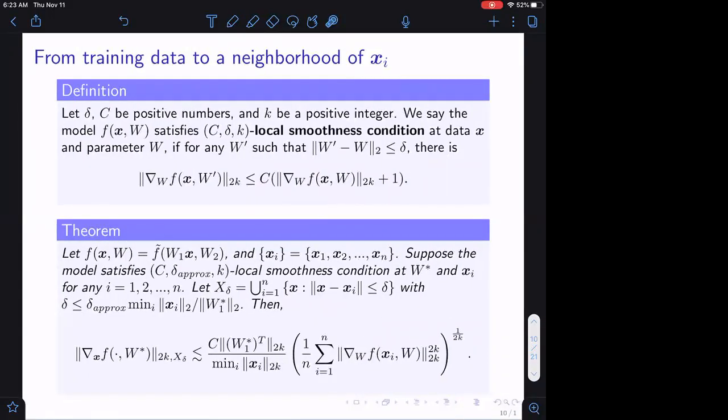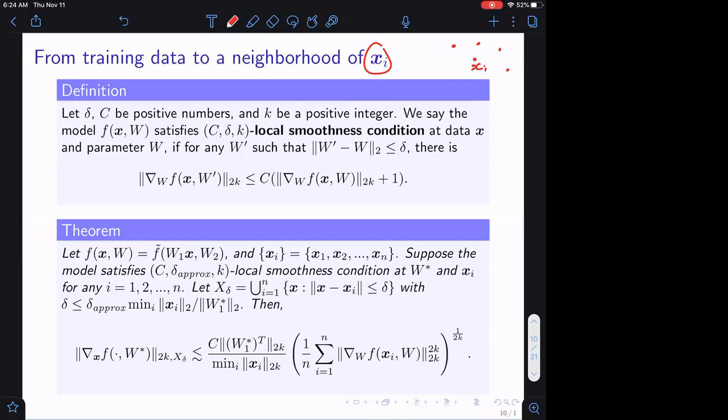Now, in order to show generalization power, not only do we need to care about the gradient at the data point xi in our data set, we also need to care about what happens in the neighborhood of x. The reason is that my data xi are discrete points sampled from the data set. But if someone gives you new data, these new testing data points will not be equal to any of the xi's.